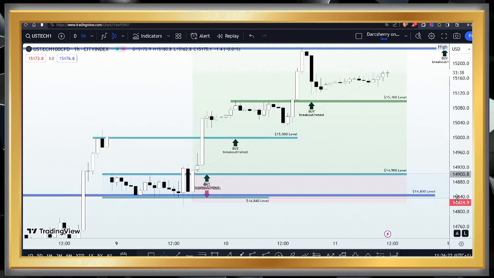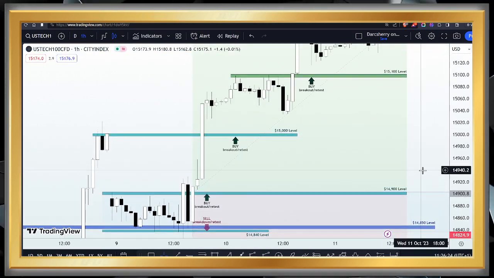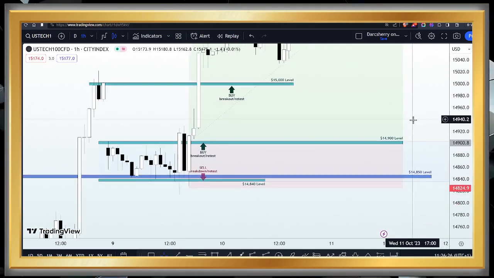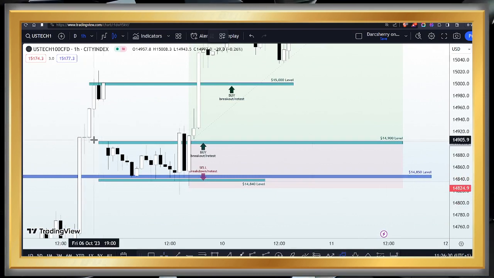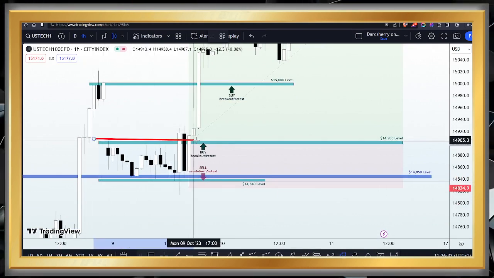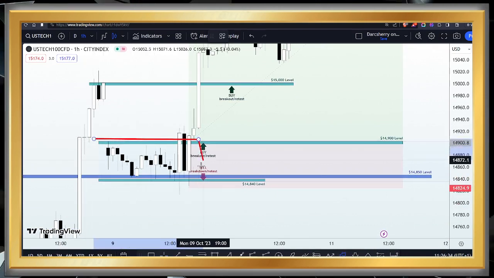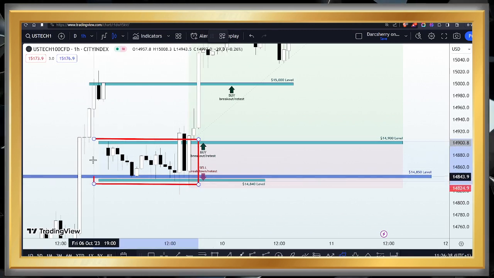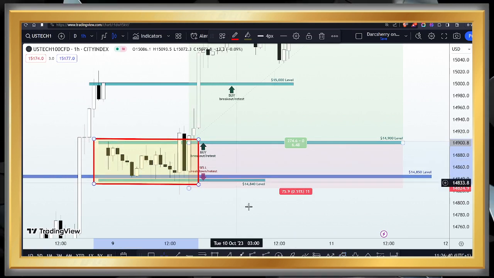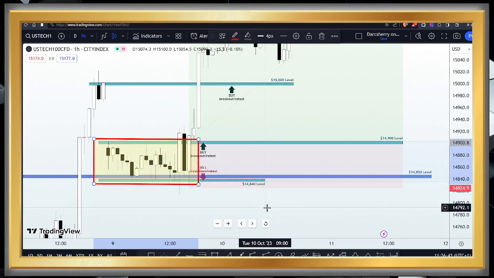So at the beginning of the week right here on the 1 hour time frame, we initially identified that price action was confined within this range between the 14,900 and the 14,840 level, to emphasize the level of indecision in this market.